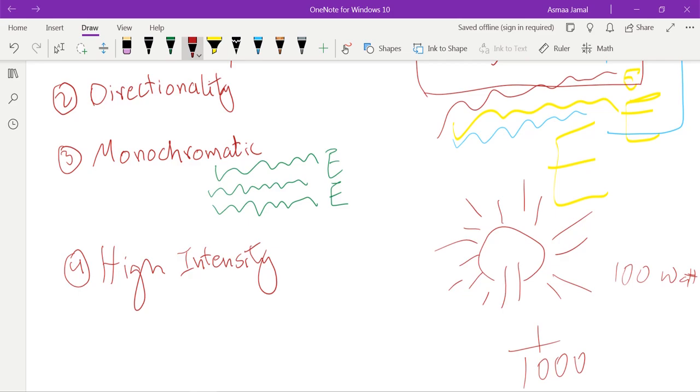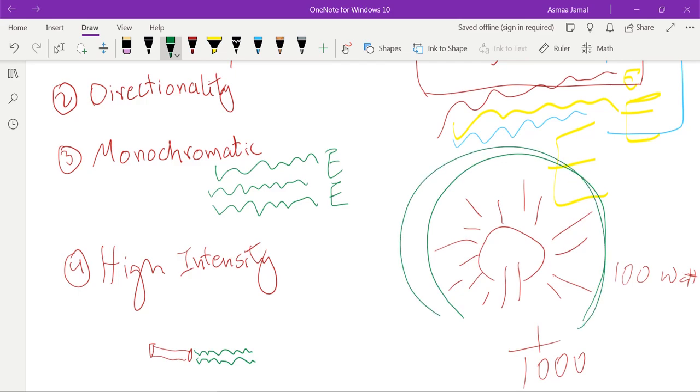The light will spread in a very narrow beam and small wavelength range. It will not spread all around such as in ordinary light, which means that 100 watts, instead of going in all directions, will be just in this small area, giving the laser the high intensity property.